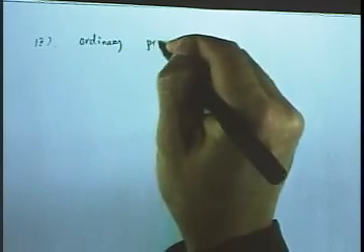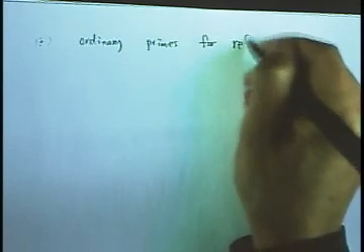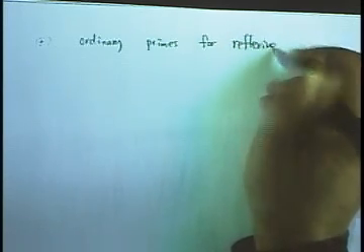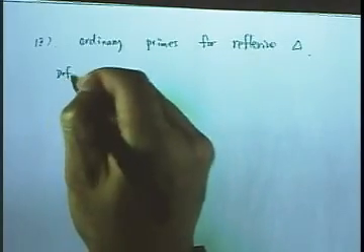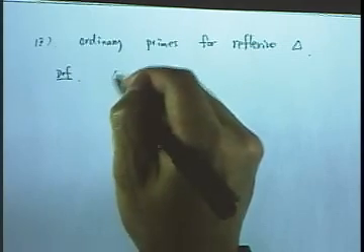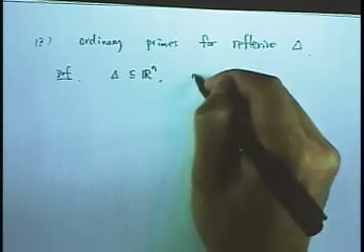So what's the ordinary plan for reflexive delta? First, what is the ordinary polytope? Suppose you have an n-dimensional integral convex polytope.